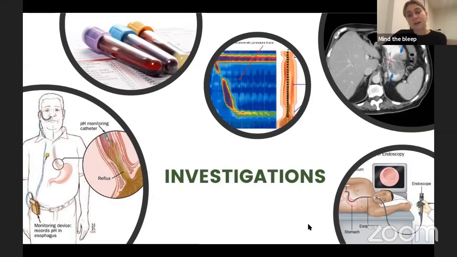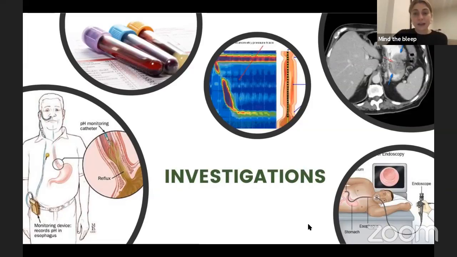And then the scope goes down to visualize the stomach, the esophagus, and a part of the duodenum. And this test is the most useful and the most suitable in a patient who we suspect might have an upper GI malignancy. It's also very useful in visualizing potential complications of the gastroesophageal reflux disease, such as strictures or esophagitis.